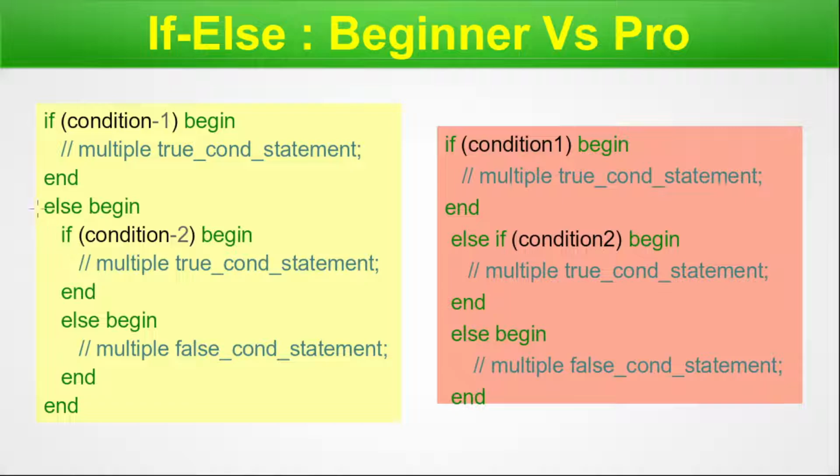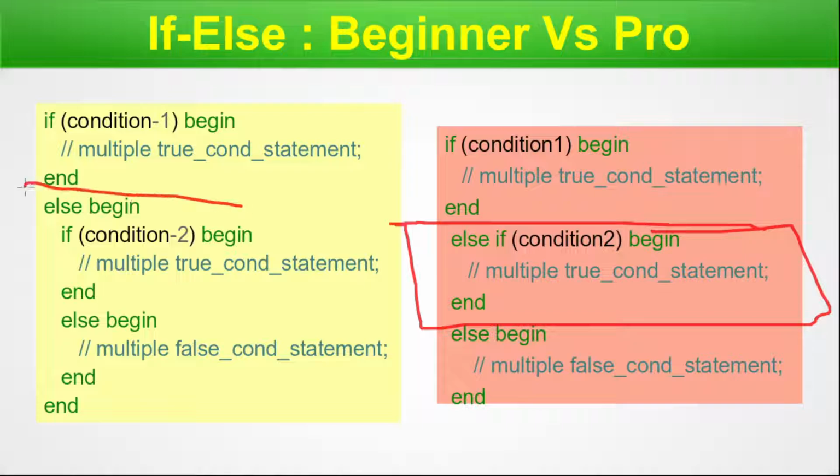Next, where do we have the change? Where we are using the nested condition. So here you can see else begin is there, and then we have the if begin. Two sort of begin and end are used here. However, in the pro style coding, what happens is that else, then we put if, then condition 2, then begin. So one begin gets subtracted from the writings, and here you can see this begin end thing is not there. Here itself the trimming down happened.